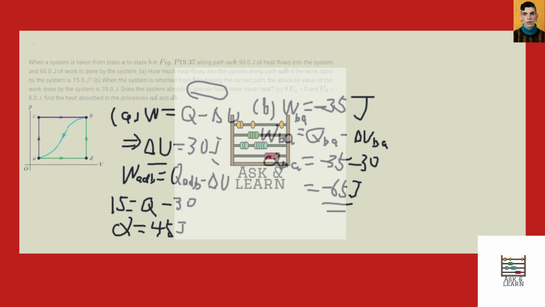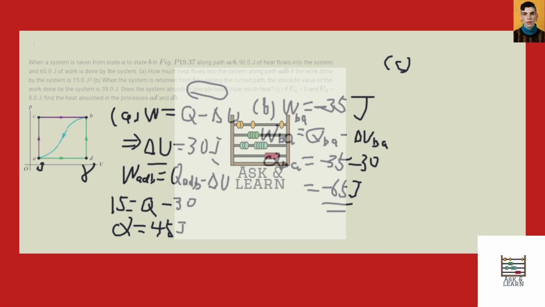And for part C, we have U A equals 0, U D equals 8. So this is 0, this is 8. We want to find out the heat absorbed in the processes AD and DB. For the process AD, again we can use the first thermal law.